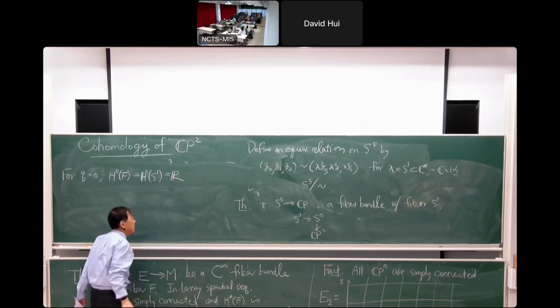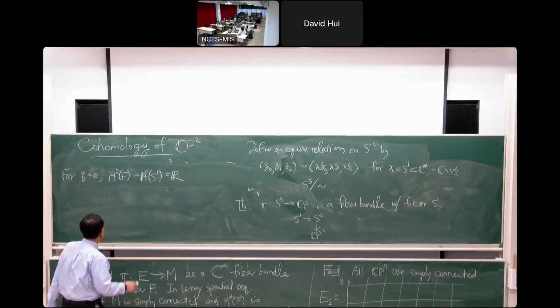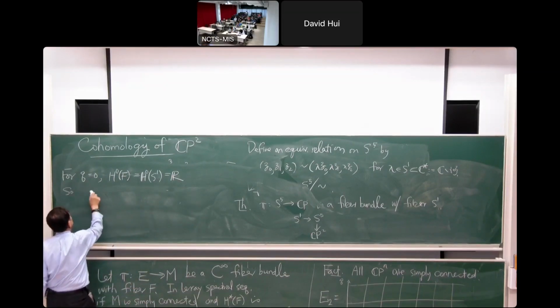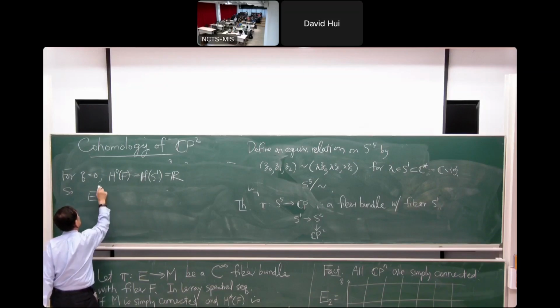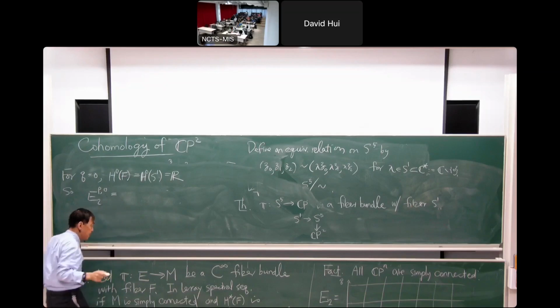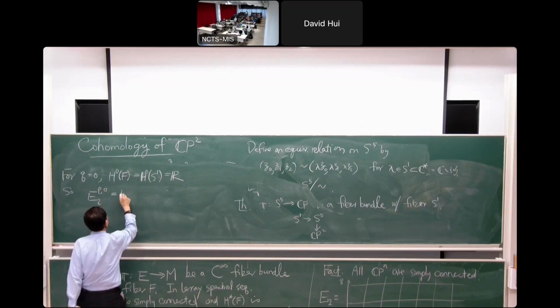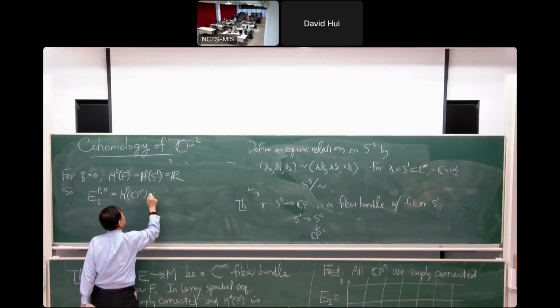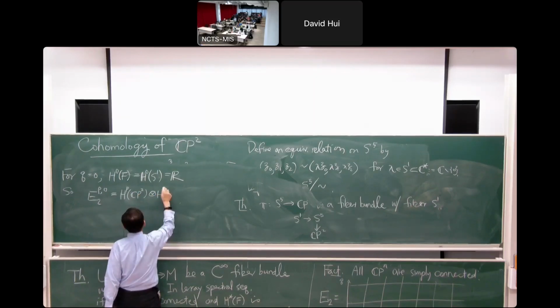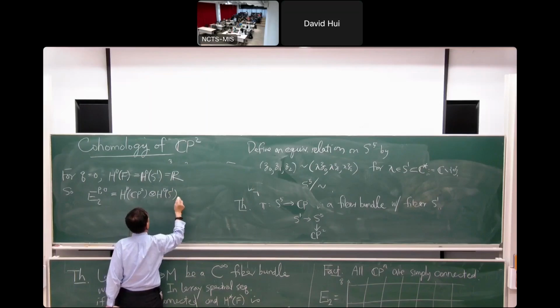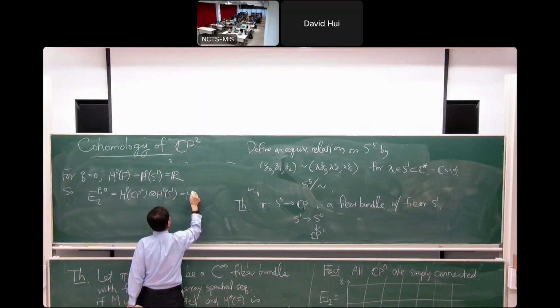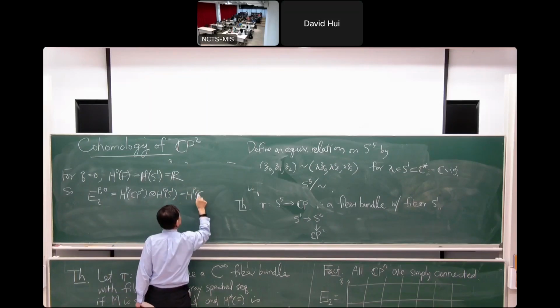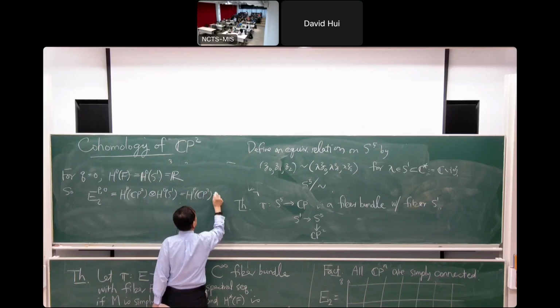That's R. So E2 of P, 0 is HP of CP2 tensor with H0 of S1, and that's HP of CP2 tensor with R.